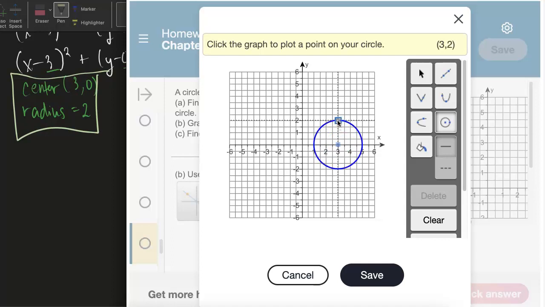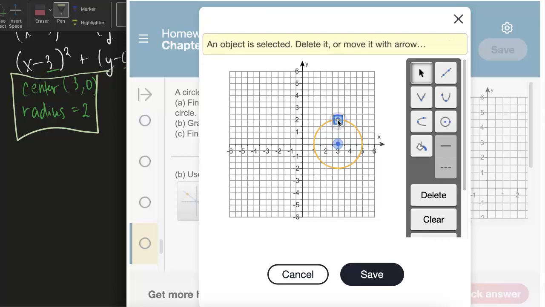Okay, so I actually went 4 tick marks there, but my tick marks are on a scale of 0.5. Again, I can look up there to that upper right corner of my graph palette to see now I am 2 units away from the center. I will click that and save.